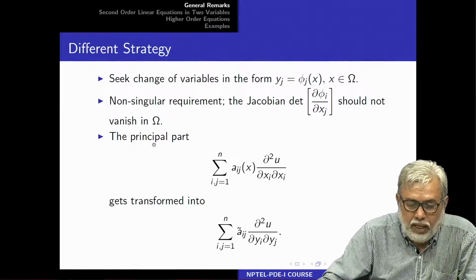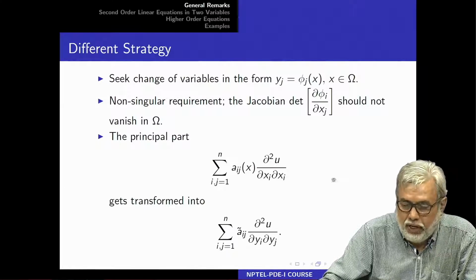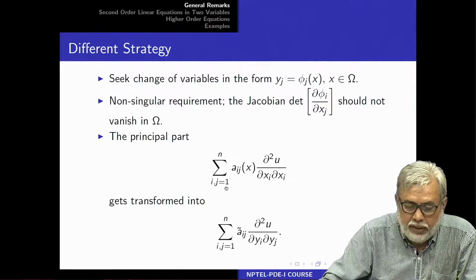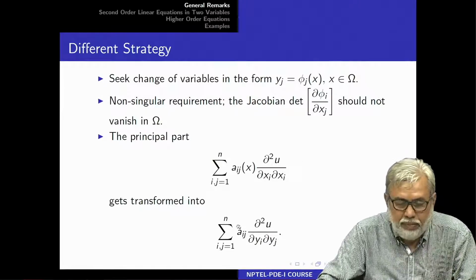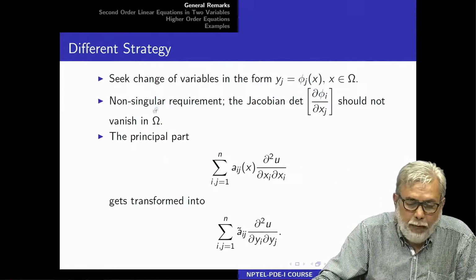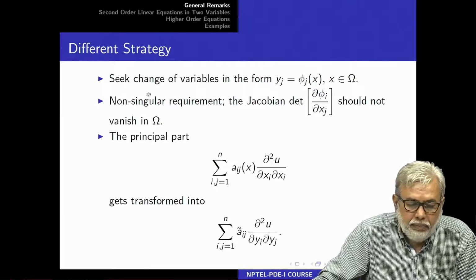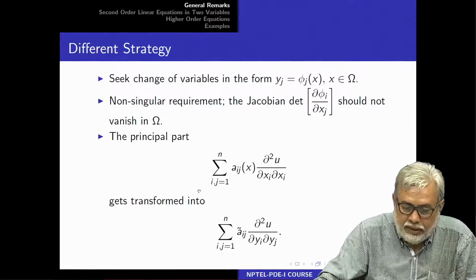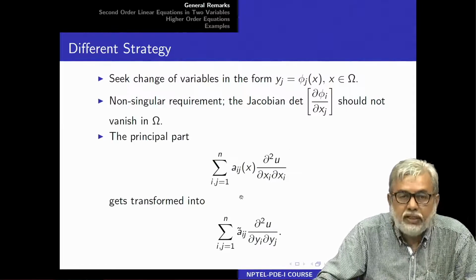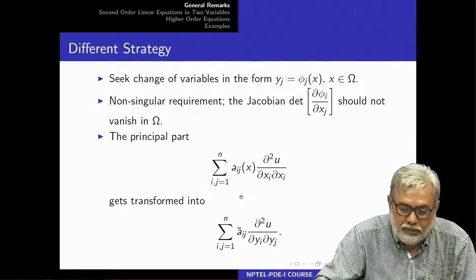So, now our principal part. I am ignoring the lower order terms. Lower order terms are important for the full reduction, but as far as the reduction is concerned, it is only the highest order terms, that is the principal part.